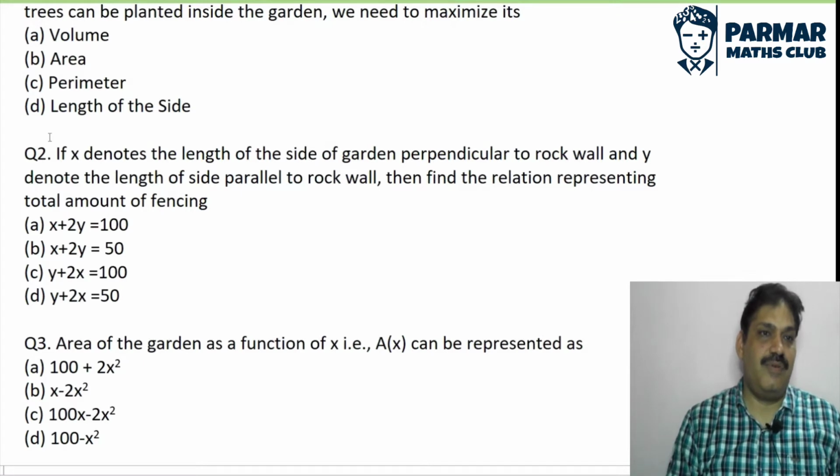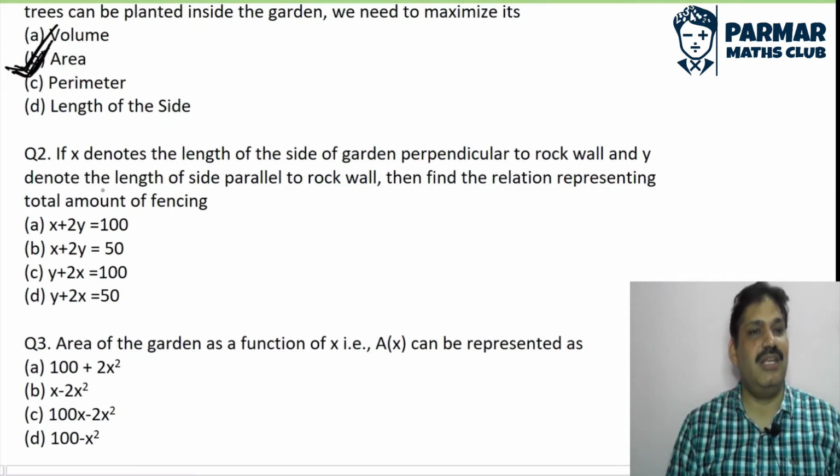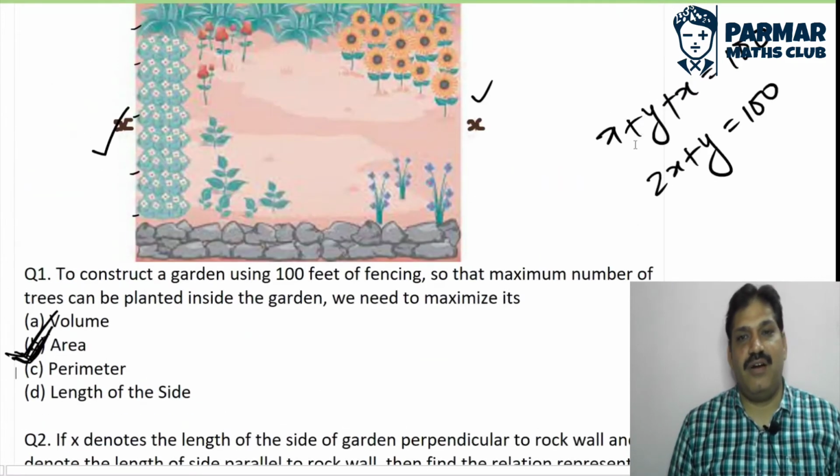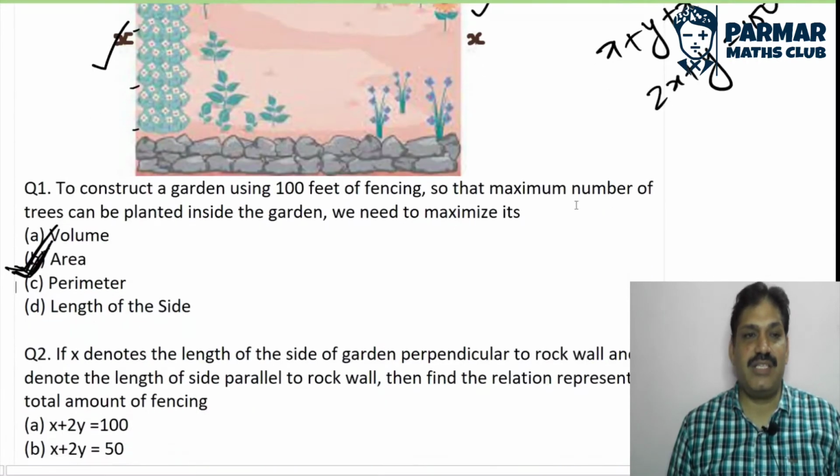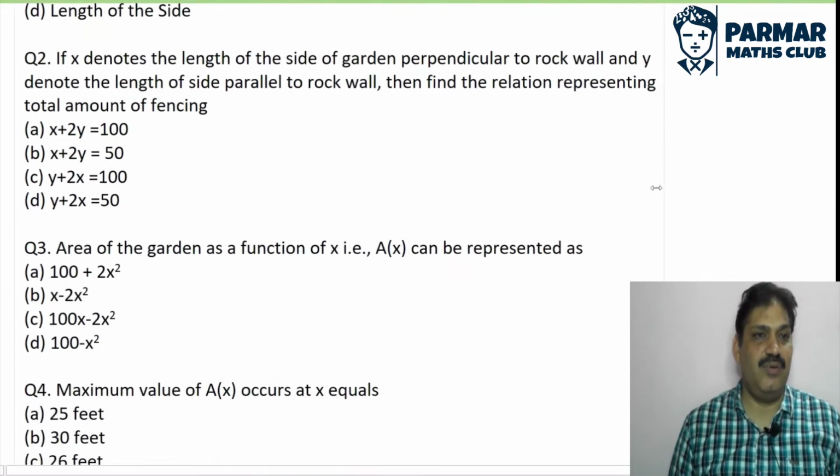Obviously, to plant the maximum number of plants inside the garden, we have to maximize the area. And just now we have found the relation between x and y, that is nothing but 2x plus y is equal to 100. So carefully, 2x plus y is equal to 100.